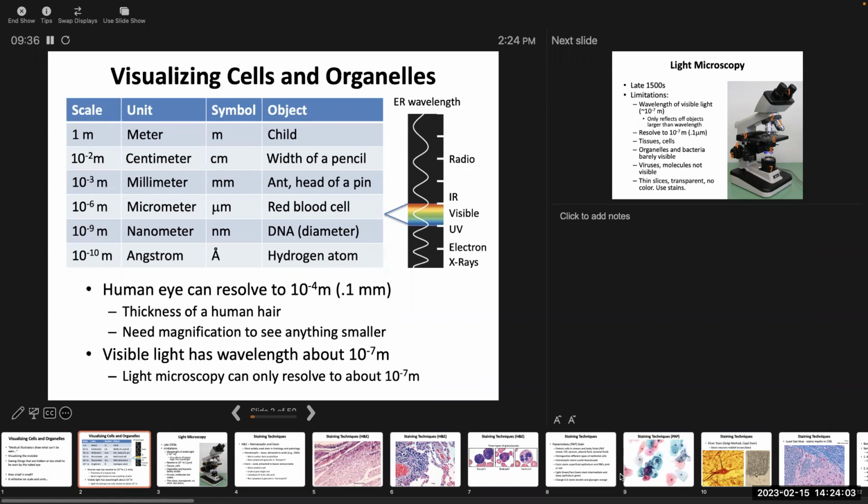Then you get down into forms of electromagnetic radiation that we refer to as light. There's infrared, which people will refer to as light, even though infrared light, in quotes, is not actually visible to the eye. It's so close to the wavelength of visible light that we will still sometimes refer to infrared as a form of light. Likewise, ultraviolet.